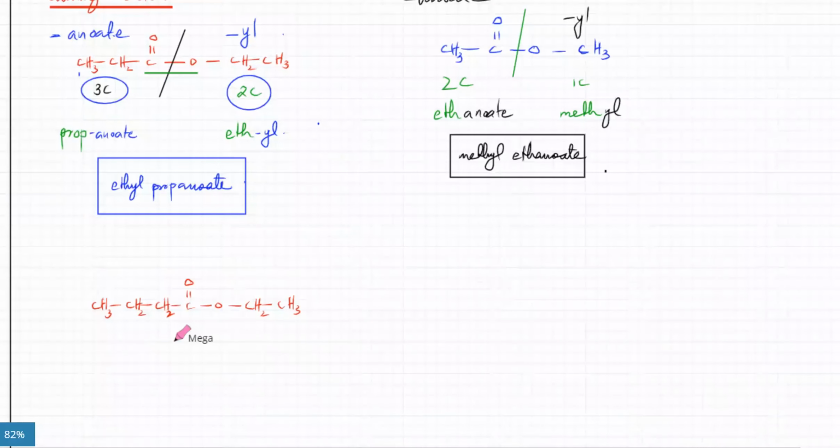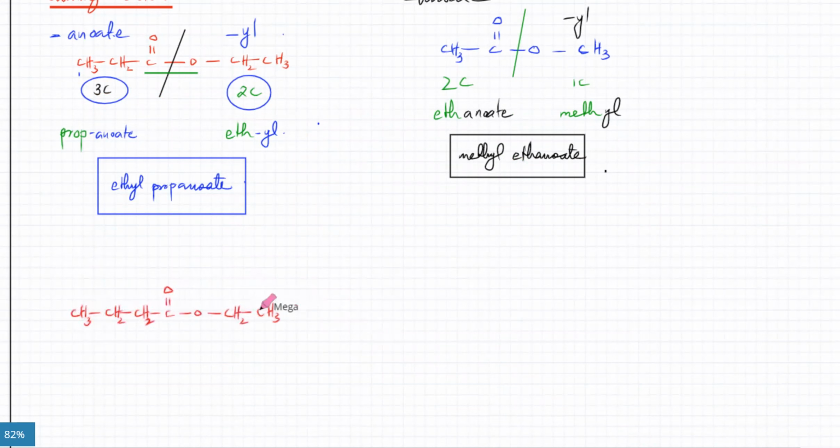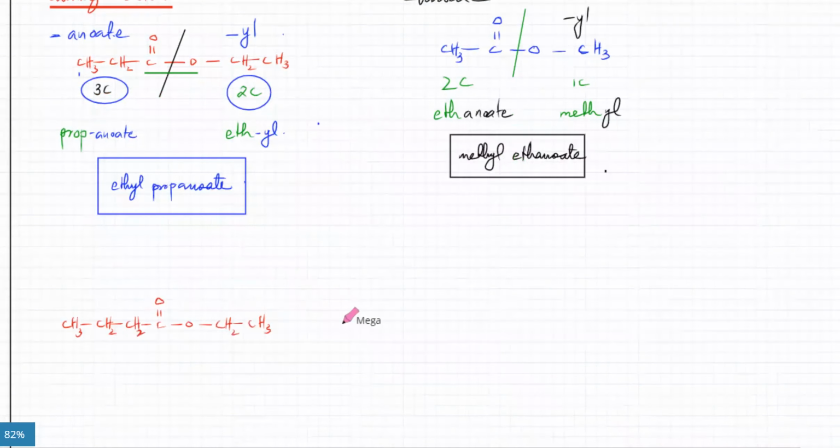Try and name this molecule, ये जो मैंने बनाया अपनी screen के ऊपर. What's the name of this molecule? हाँ जी. Butanoate ethyl. सही है, लेकिन वो एथिल को पहले लिखेंगे ना, so it's ethyl butanoate.